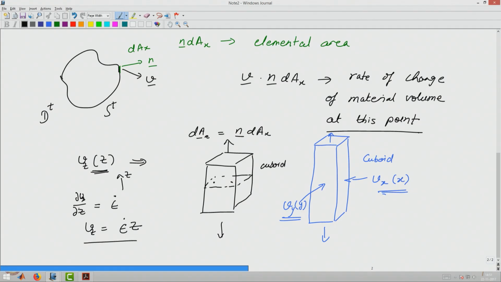So, immediately when we get this, and given that the flows are identical in the other 2 directions, we could say that del V x by del x will be the same as del V y by del y, because the flow is identical in the 2 directions, and similarly V x and V y will also vary similarly.